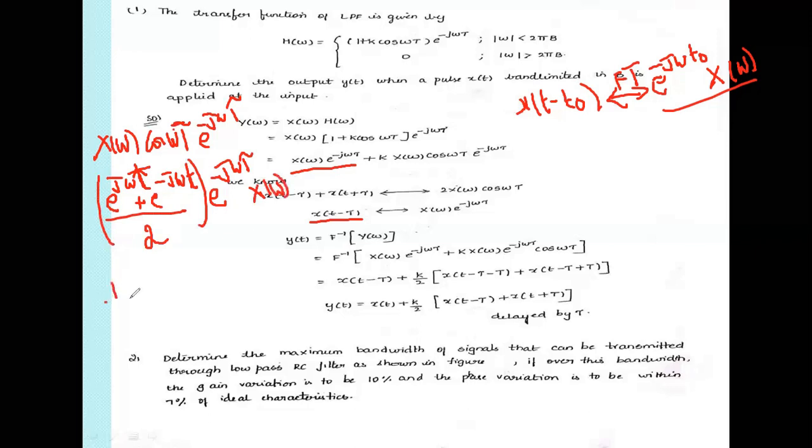Now you can write this function in 2 parts: e power j omega t into e power minus j omega tau, taking j omega as a common term.